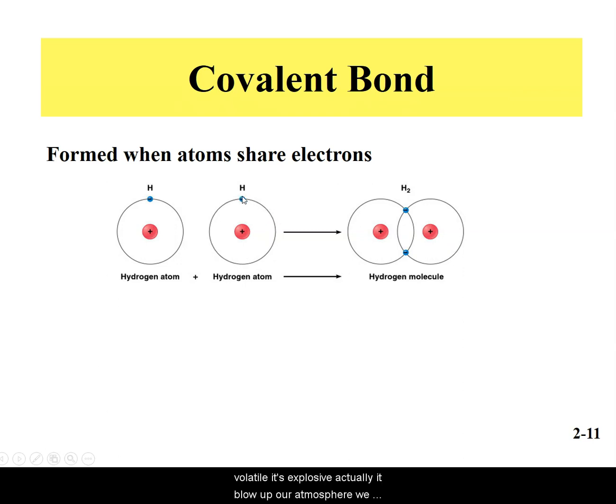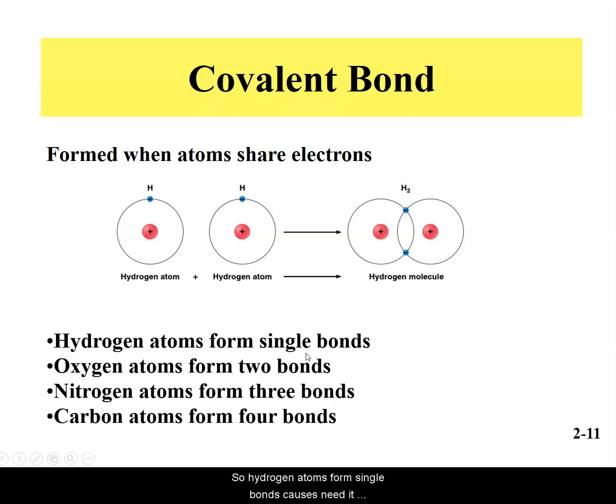It's explosive, actually. It would blow up our atmosphere if we had single hydrogen atoms floating around in it. So to fill its outermost valence shell, it shares an electron with another hydrogen atom, and so we see H2 in our atmosphere.